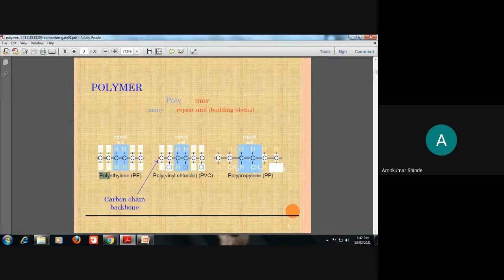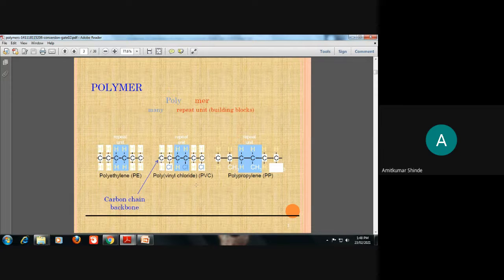Hence in polyvinyl chloride, vinyl chloride is a monomer, and when a number of vinyl chloride monomers combine together, the resultant material will be termed as polyvinyl chloride. It is nothing but your PVC material. This blue shaded version is the repeating unit, and this repeating unit is nothing but your monomer.